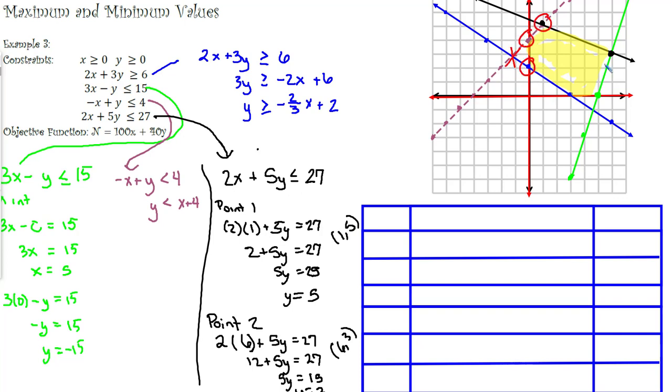These are the vertices that matter. And you just start at 1 and keep going around. So I'm just going to start at this one and work around clockwise. And so that is 0, 2. And we're going to be plugging these into the function n is equal to 100x plus 40y.